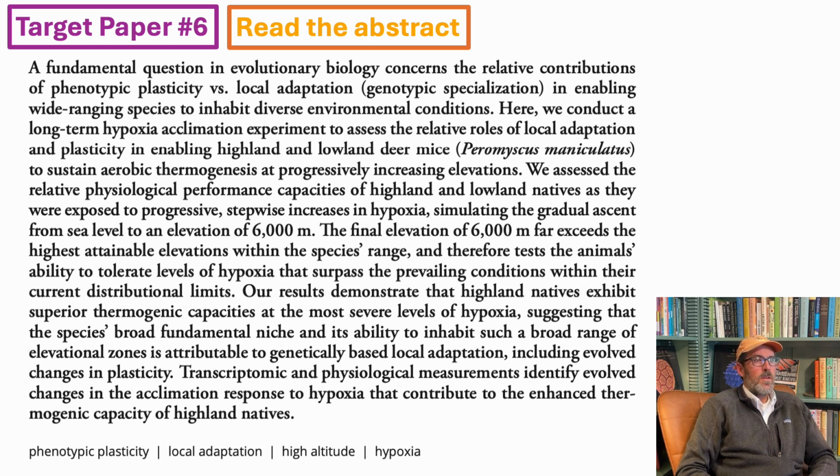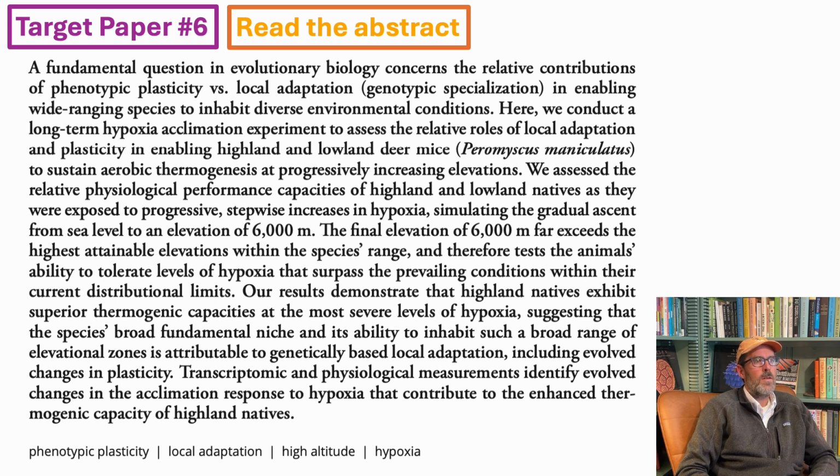A fundamental question in evolutionary biology concerns the relative contributions of phenotypic plasticity versus local adaptation in enabling wide-ranging species to inhabit diverse environmental conditions. Here, we conduct a long-term hypoxia acclimation experiment to assess the relative roles of local adaptation and plasticity in enabling highland and lowland deer mice to sustain aerobic thermogenesis at progressively increasing elevations.